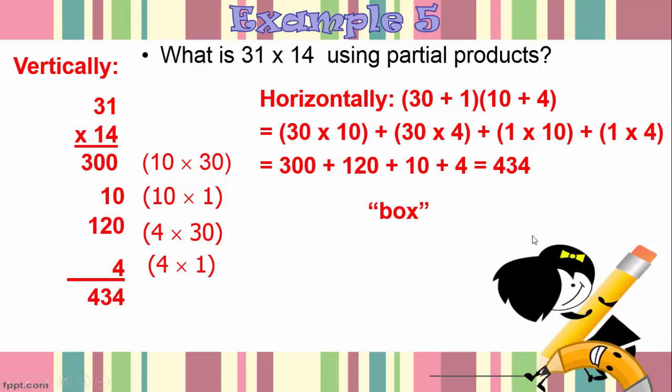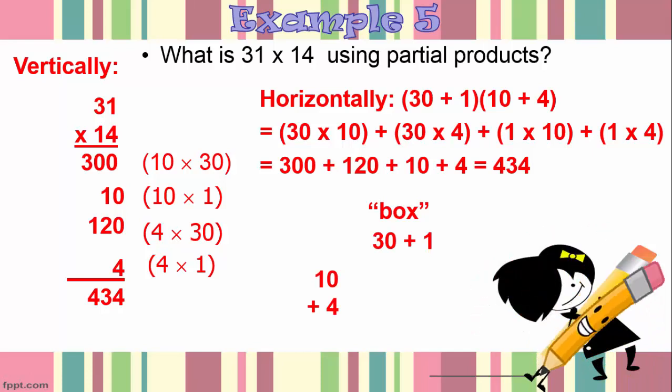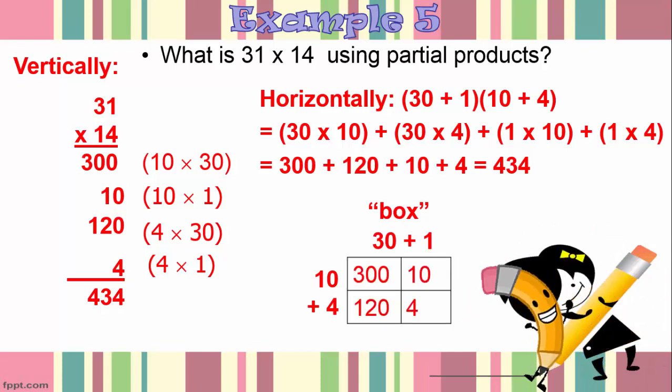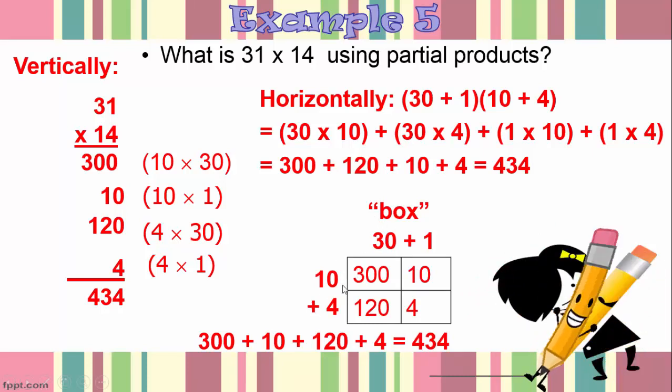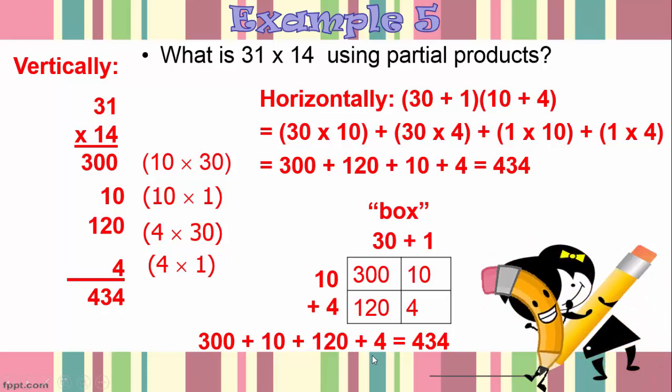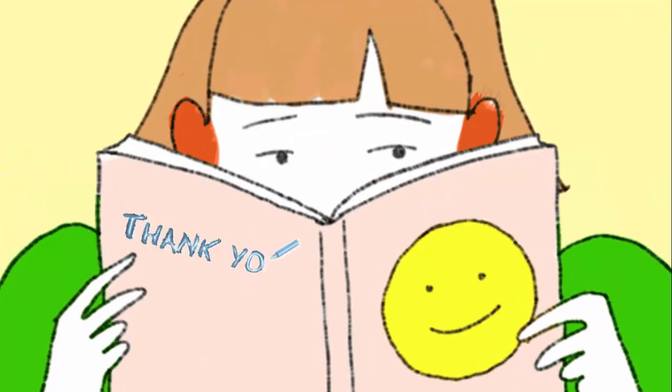Finally, the box method, 30 plus 1, 10 plus 4, construct the box, and then add what's inside the box up, 300 plus 10 plus 120 plus 4, again we get 434.